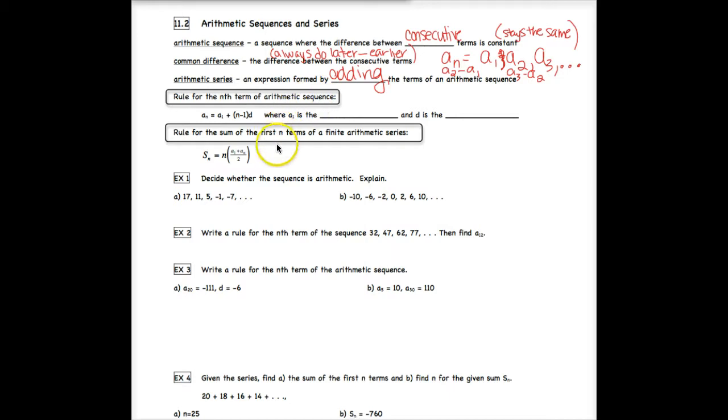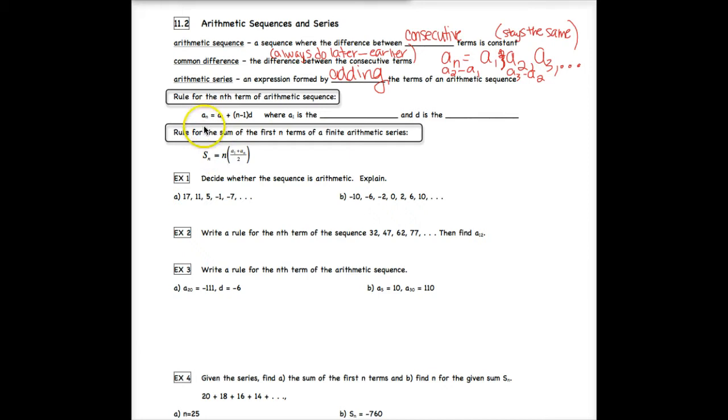So we do have rules that specify for arithmetic sequences, which in 11.1, that seems to be an area where a lot of people struggle, because when you are trying to write the rule or write the formula, you can't just do the same thing every time and think you're going to get the answer. It's all about looking at it, observing the patterns, and trying to come up with something that would describe it.